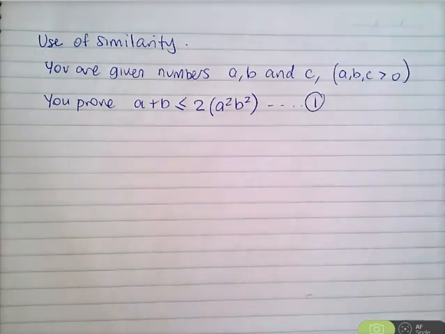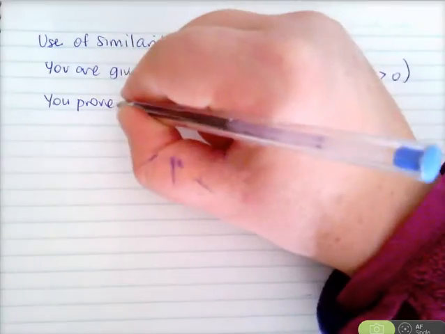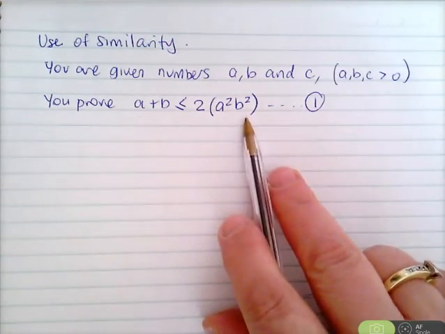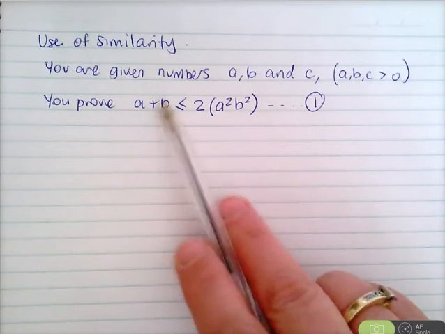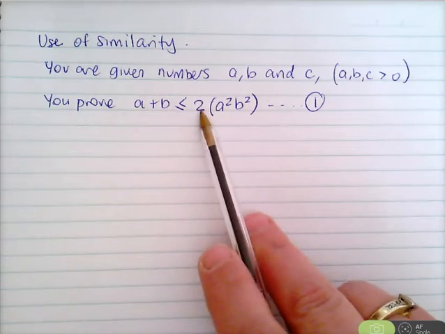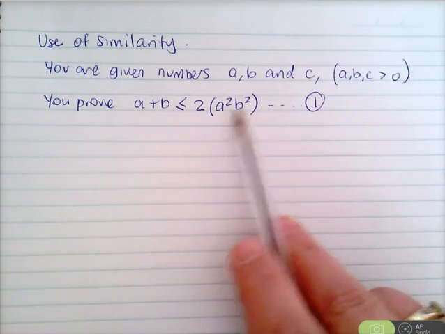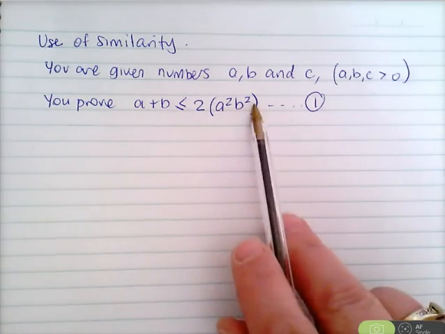Okay, so let's say you prove this relationship here, and the way we read this is that the sum of two numbers is less than or equal to 2 times the square of these two numbers that are multiplied together.